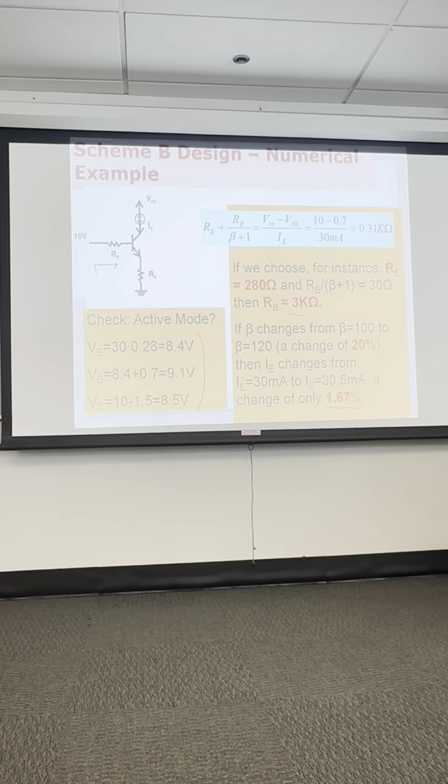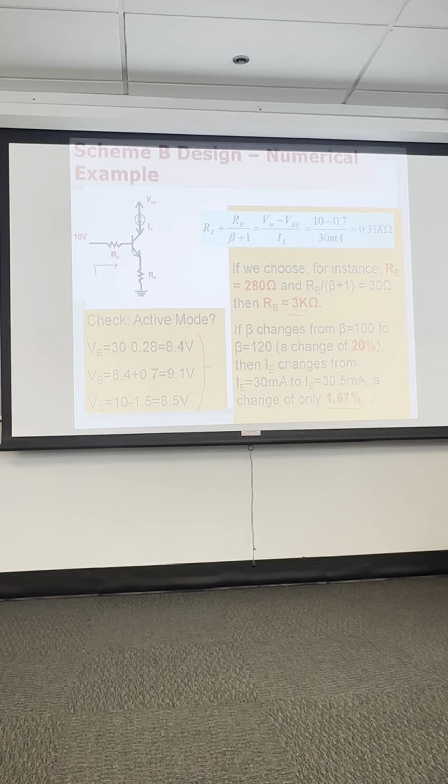So what's the problem with the active mode numbers? Too close. The base voltage of 9.1 is greater than the collector voltage of 8.5. And the other problem, the emitter voltage is 8.4 and the collector voltage is 8.5.